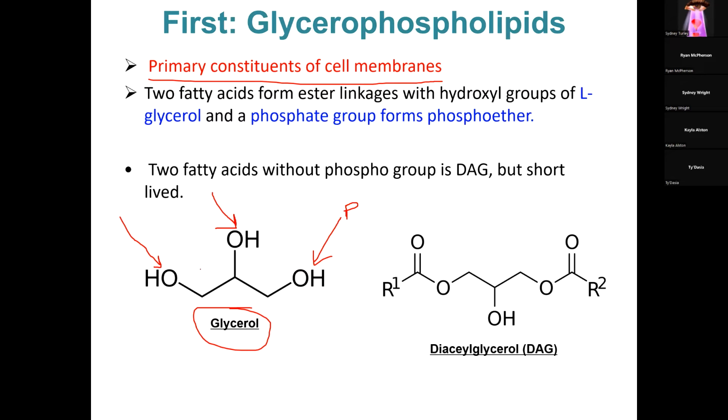Remember, if it had a fatty acid connected to all 3, that'd be a triacyl glyceride, but it's only attached to 2 of them, and then something else is attached to the final alcohol group. Now, if you only had the 2 attached and then no phosphate attached to the 3rd one, you'd have this DAG, diacyl glycerol.